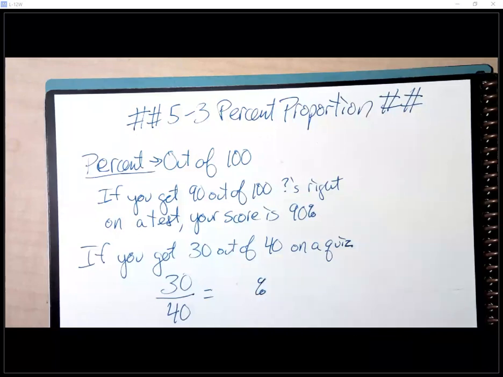You literally just divide the two. So if I grab a calculator and I do 30 divided by 40, I get 0.75. Now that doesn't mean you got 0.75% because what do I then do with that number? You move the decimal 2 spots and we get a 75%.